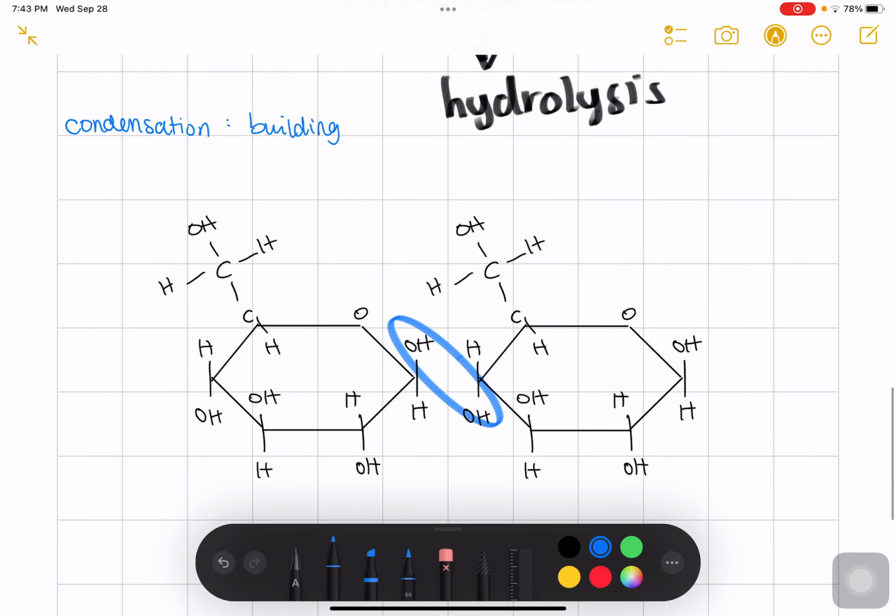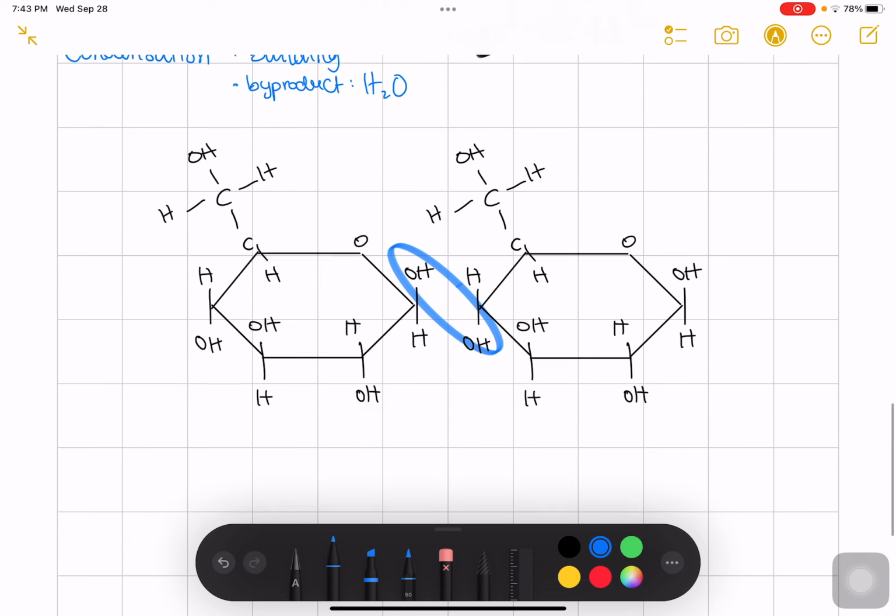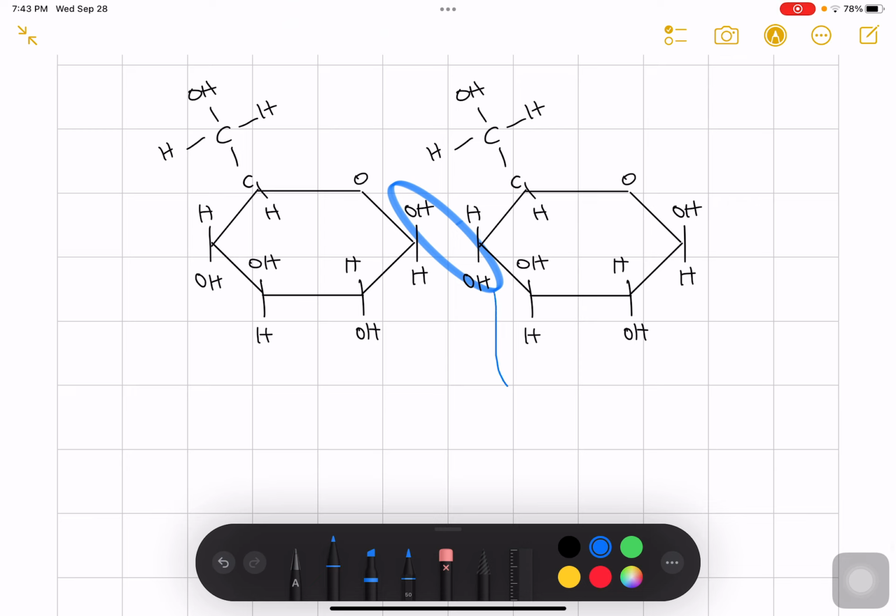One of the byproducts. Building, and the byproduct is H2O. So what's going to happen is these are going to turn into H2O. But wait, there's two O's. And we're using two H's, so these are gone. We're only using one of the O's. What happens to the other one?